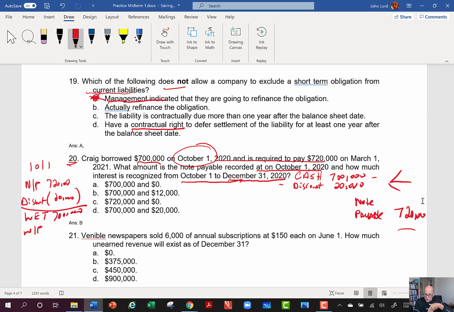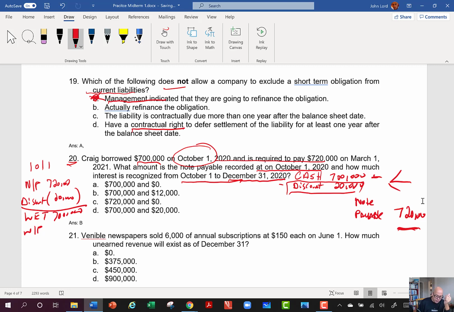So we debit the cash for the cash they give us, just right there. We credit the note payable for the full amount of the note that'll come due next year. And then the difference, sometimes students ask me, I don't understand where the discount comes from. Well, the difference between the note payable and the cash you get is the discount.